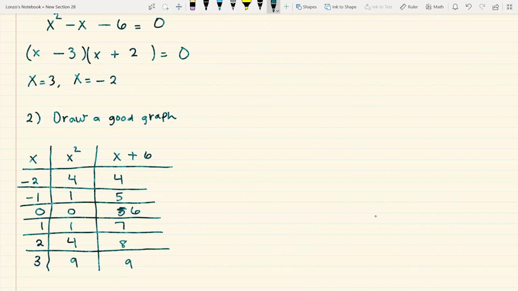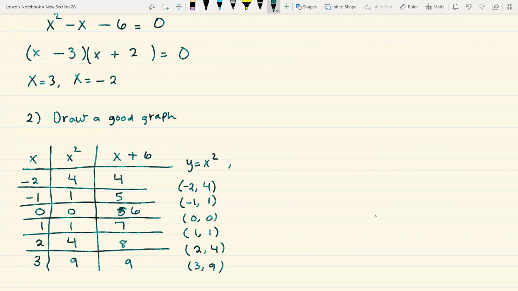If you want, you can write these as coordinates. For y equals x squared, your coordinates are going to be -2, 4, -1, 1, 0, 0, 1, 1, 2, 4, 3, 9.